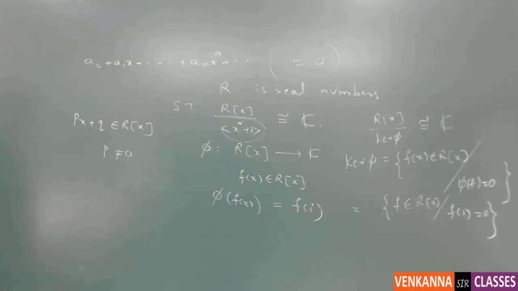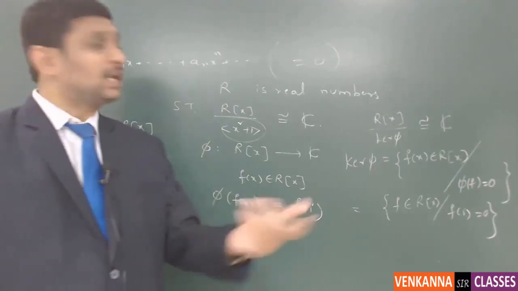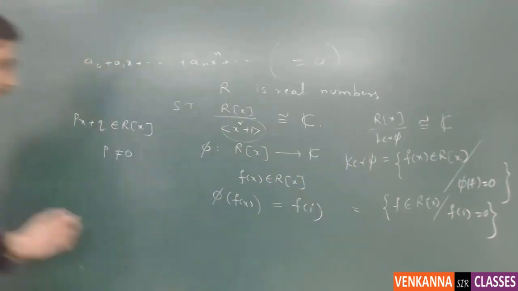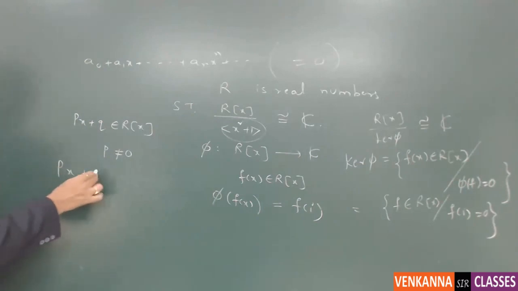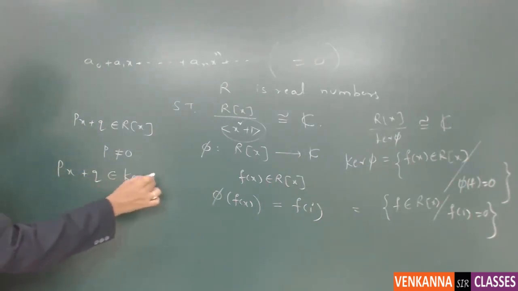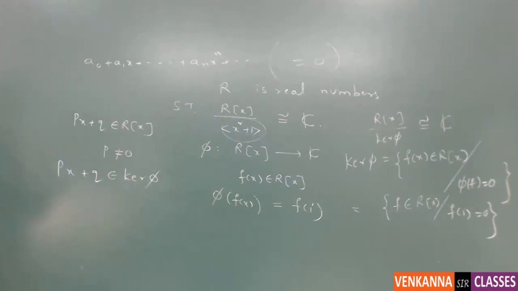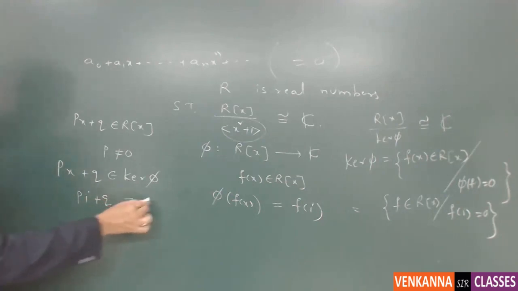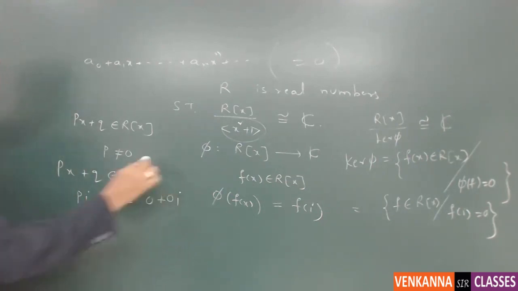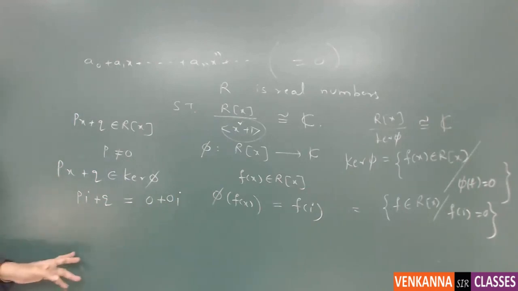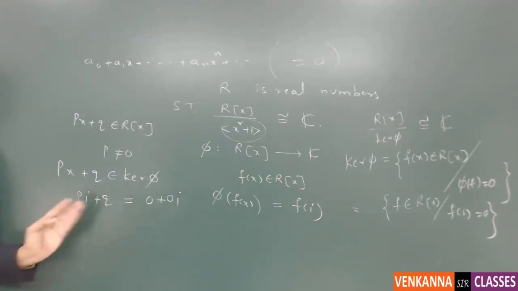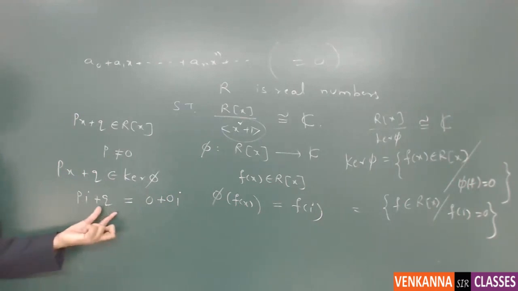So if any first degree polynomial belongs to the kernel, say the polynomial px plus q belongs to the kernel, then as per the kernel definition, while substituting i, it should become 0. That means pi plus q must be equal to the 0 complex number. If you equate the real part as well as the imaginary part on both sides, q will become 0 and p will become 0.